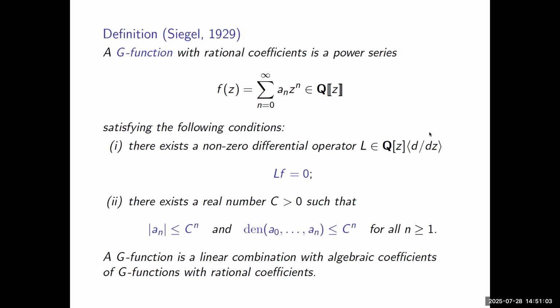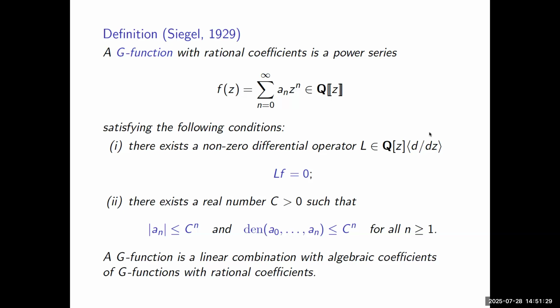This was introduced in this fantastic paper by Siegel from 1929, which is called on the applications of Diophantine approximation. And there will be a conference to celebrate the 100 years birthday of this paper in a few years. And it's not the main topic of the paper, but one of the things he does is to introduce this notion of a G function.